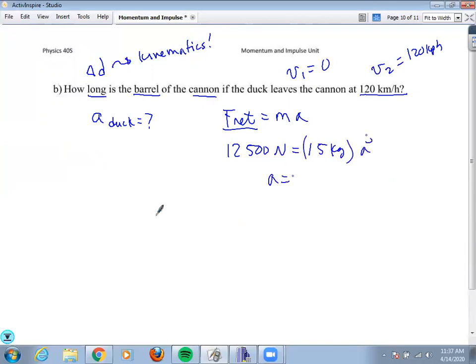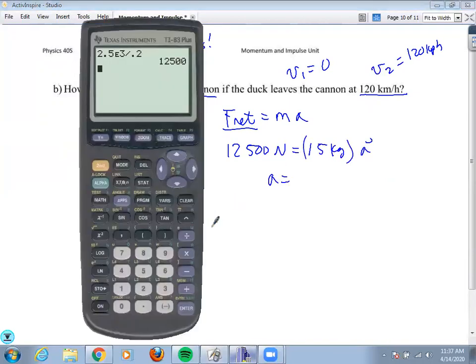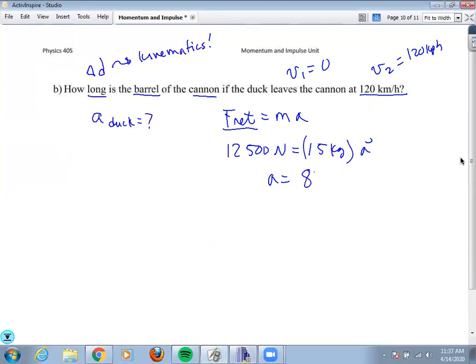So the acceleration of the duck would be 12,500 divided by 15, and you get 833.3 repeating meters per second squared. It's positive. And now we want to find the length of the barrel.